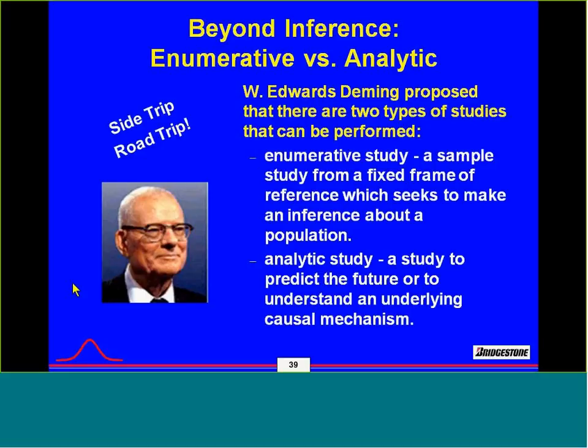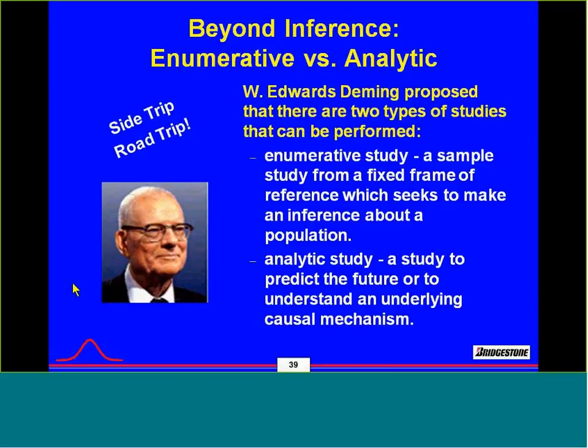Let me give a little idea to you: enumerative statistics versus analytic statistics. When I've got enumerative type statistics, it's descriptive statistics on steroids. All we want is to be able to make a statement about the population that you're looking at.